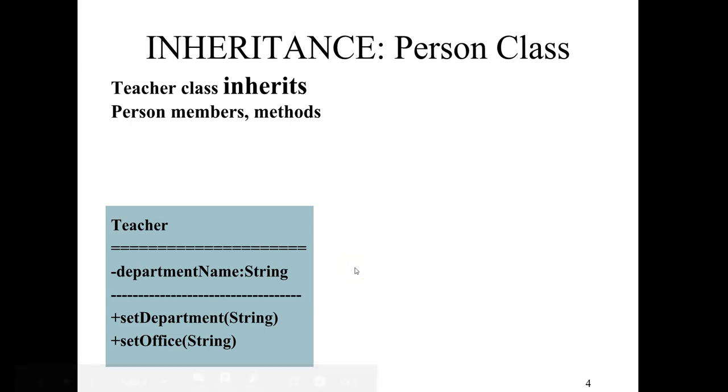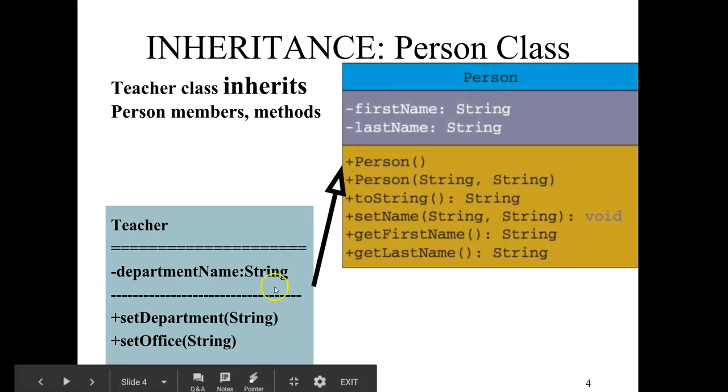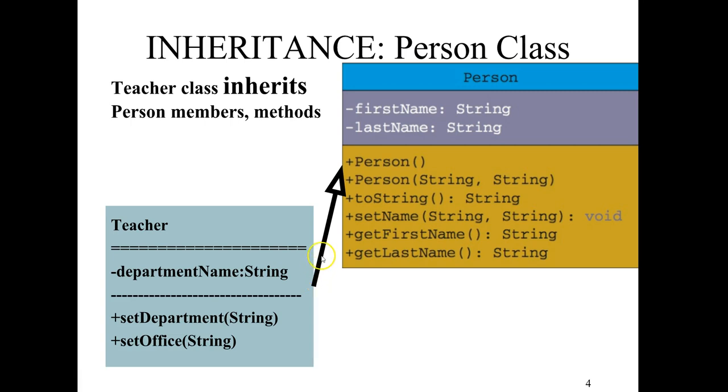Anytime we have membership or members of a class, you have typically those setters and getters of the properties of the class. When a class is a subclass of a class person, the class diagram points from the subclass to the parent class.